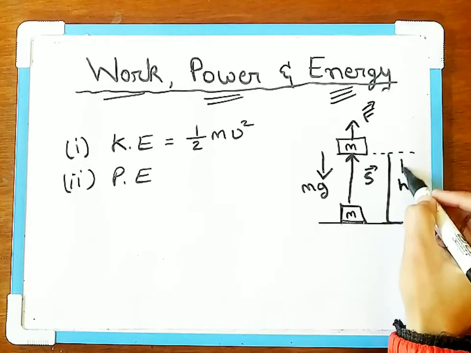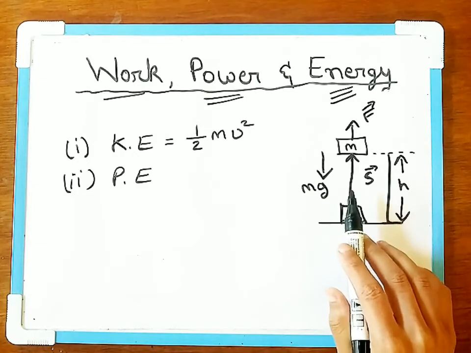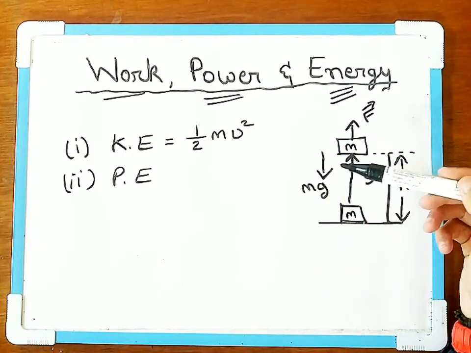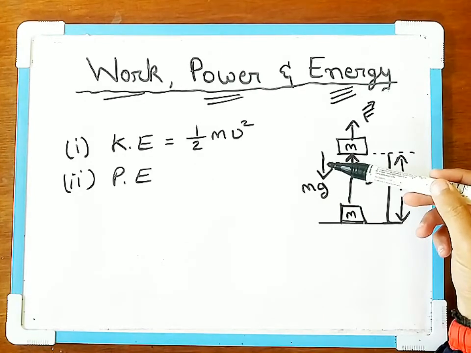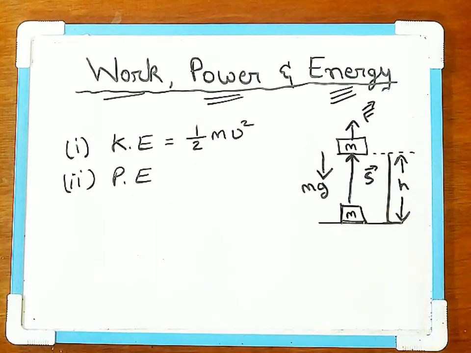So you apply the force in the upward direction, and this force is applied against the gravitational force. Only then does the concept of potential energy arise, if we perform work against some opposing force.